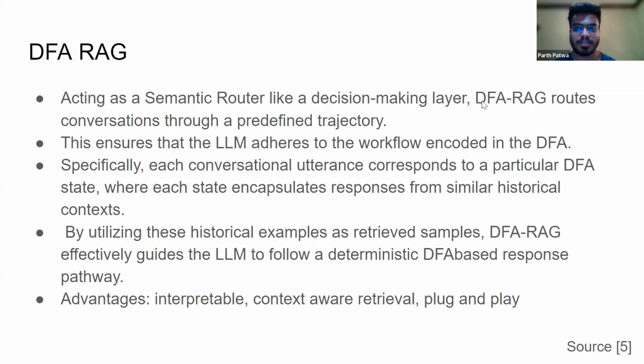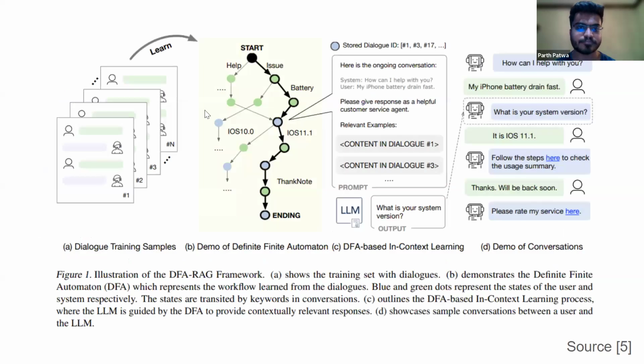So the DFA-RAG routes conversation for a service-based chatbot to a predefined trajectory based on historical data, and each utterance corresponds to a particular DFA, and each DFA state encapsulates the historical context. So the advantage of this is that it is interpretable because we have a DFA, and obviously it's context-aware retrieval and plug and play, which means it can be used with other methods as well.